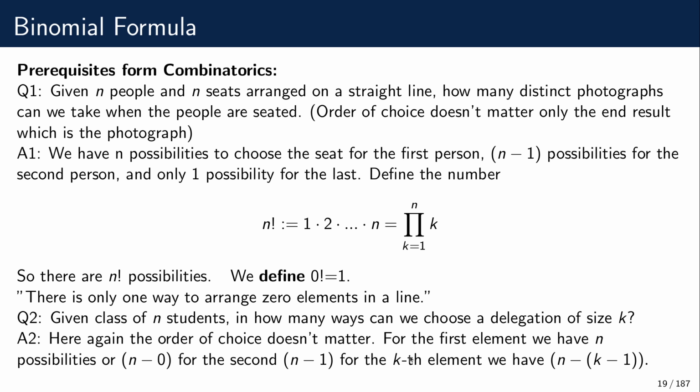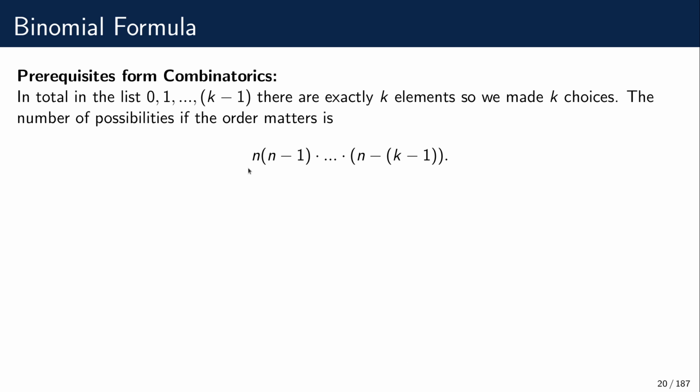And so if we continue this reasoning, for now we have this product, but there is a subtlety here. Because there are actually two types of questions. If we're interested only in those people, like who are the people in the team, then it doesn't matter in which order we chose them.